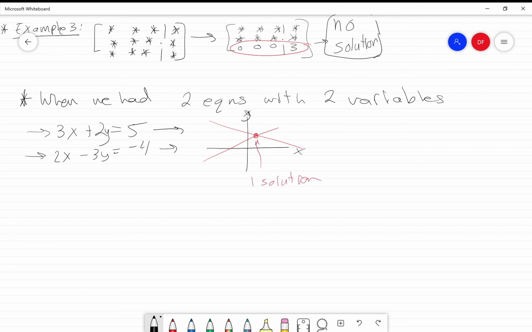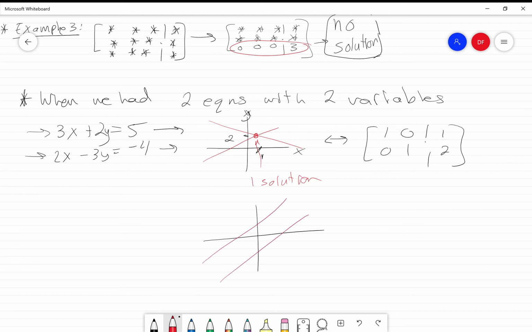And one solution would correspond to, if I had 1, 0, 0, 1, and this right here, let's say, is 1, this right here is 2, I would have 1, 2 here. Okay? If I had no solution, for example, this would mean I would have 1, 0, 0, 0, 1, 2, let's say, right? This right here gives me no solution.